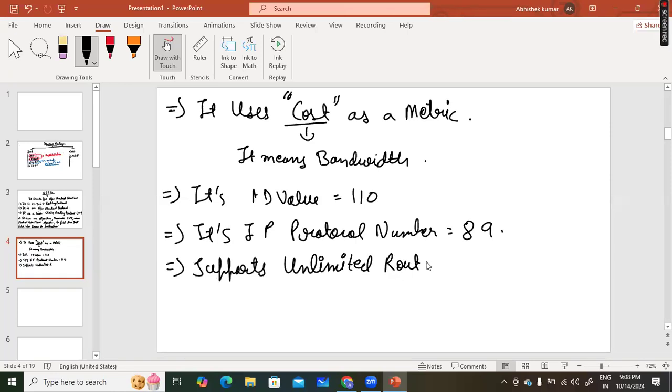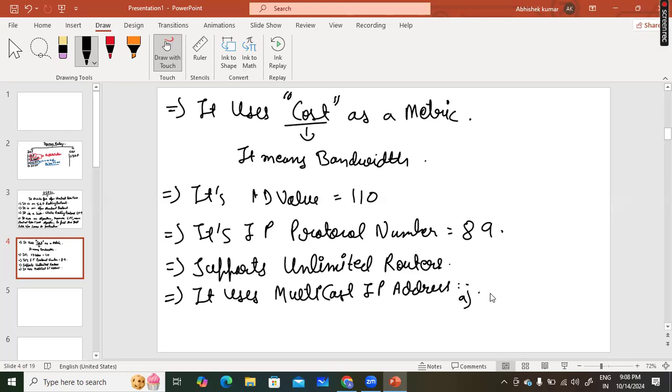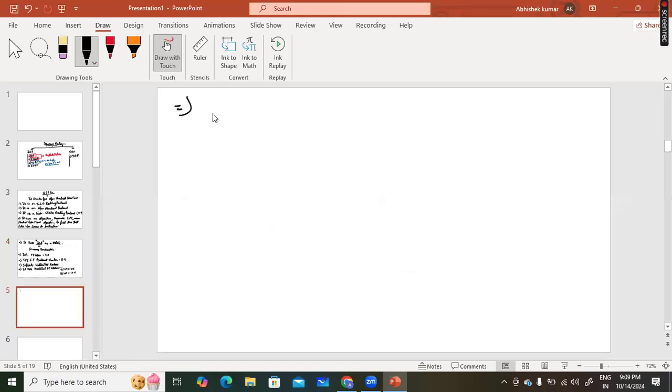It uses multicast IP addresses 224.0.0.5 and 224.0.0.6. It is a layer 3 protocol.